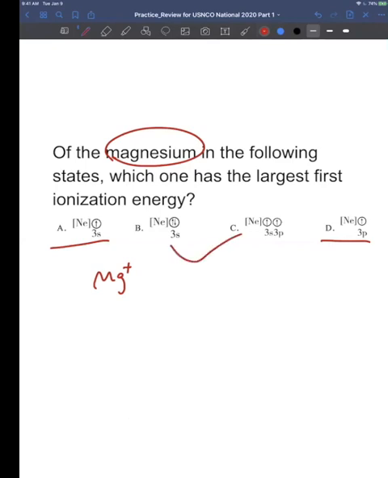And for B and C is the Mg atom, so it's the first ionization energy. So first, you need to eliminate B and C because the second ionization energy is always greater than the first one, right? And then let's compare A and D. So obviously, electron in the 3p has a higher energy than 3s, which means it's easier to be ionized. So this is why the answer is A.